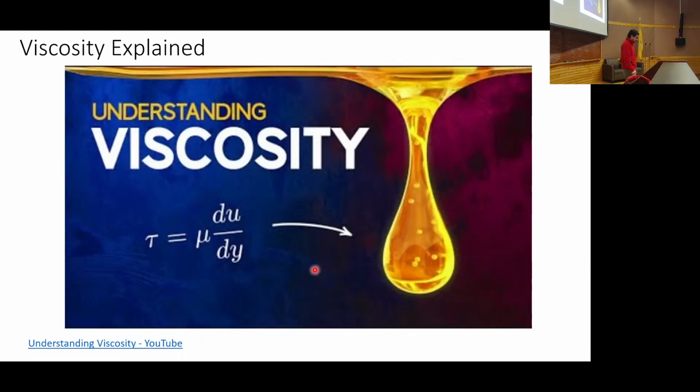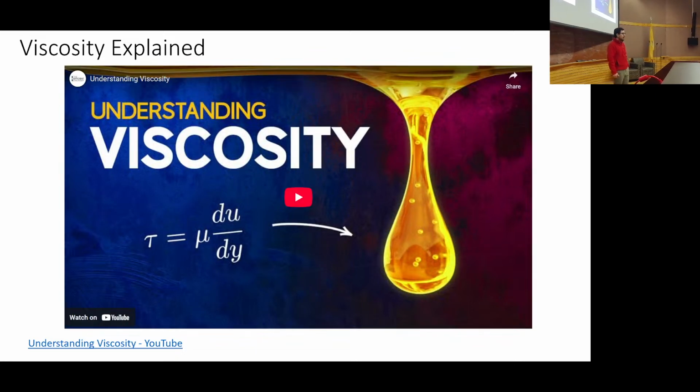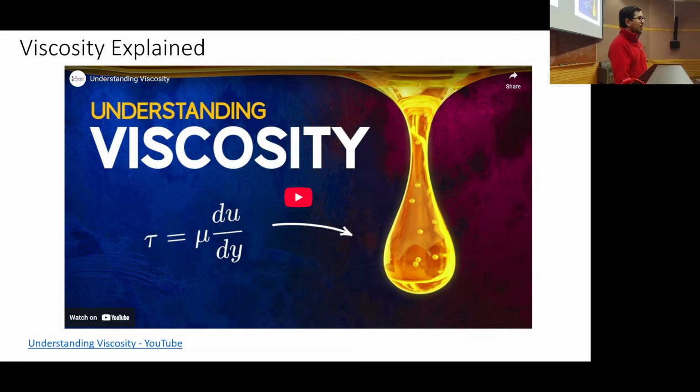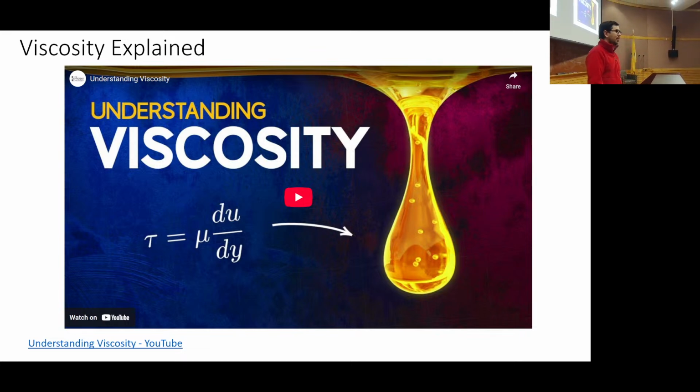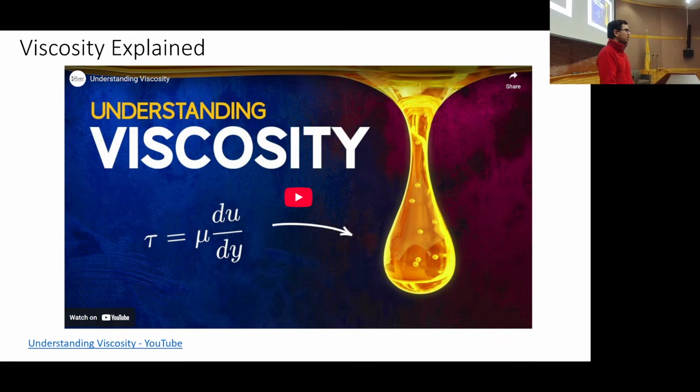So, anyone watch The Efficient Engineer? No? Yeah? Which class do you think it helped you with? Yeah, I think it helps with mechanics of materials. I think it helps with fluid mechanics. I think it helps with a lot of things. Heat transfer, right?